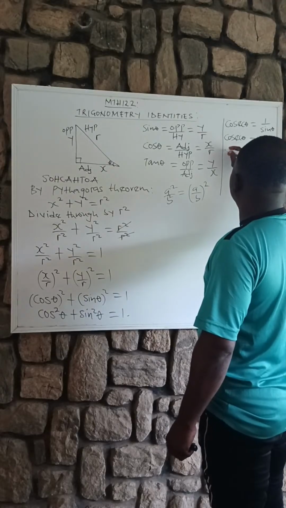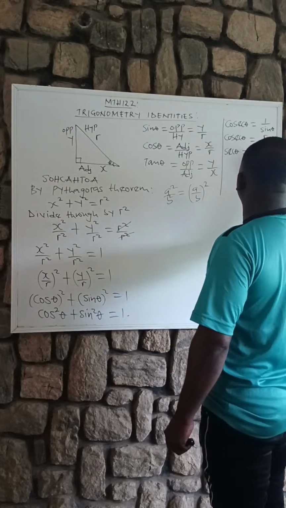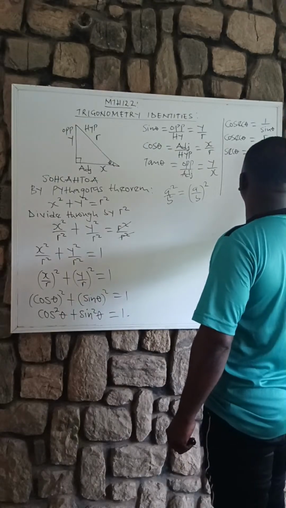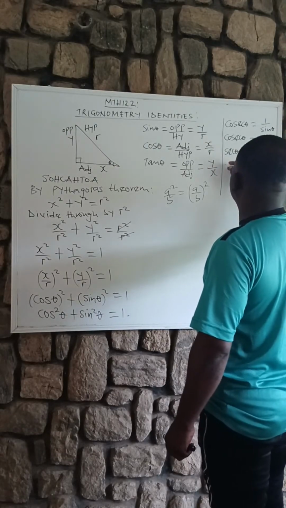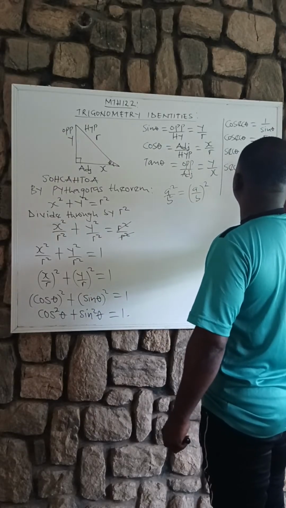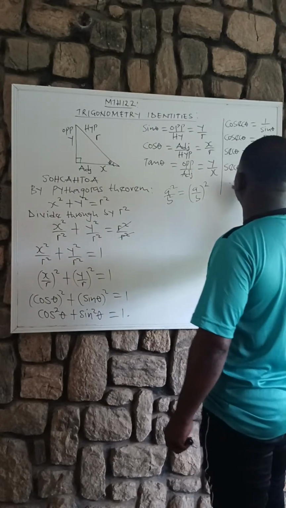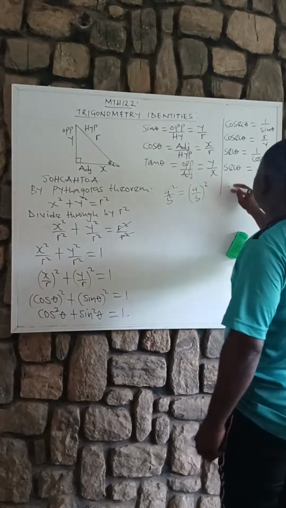Then sec theta is equal to 1 over cos theta. This is cos inverse. So sec theta is always equal to what? It is r over x. Take note of all this.